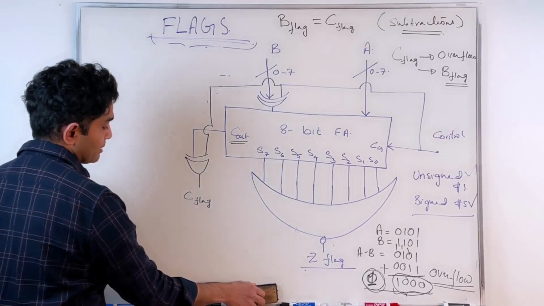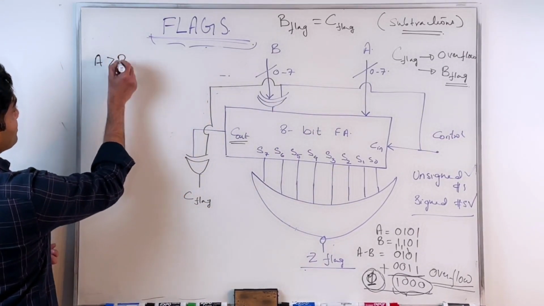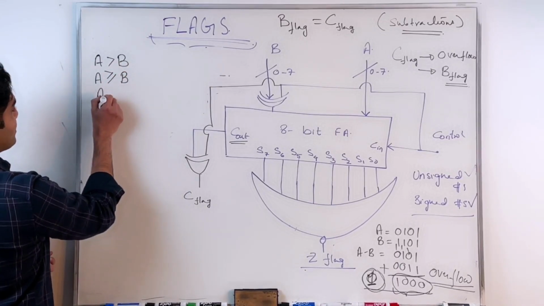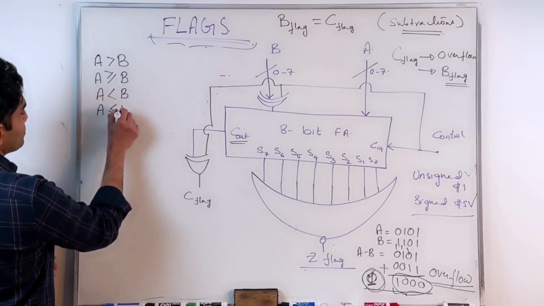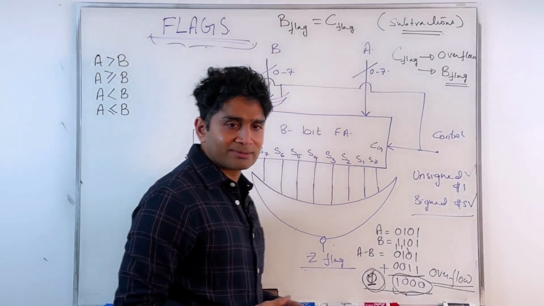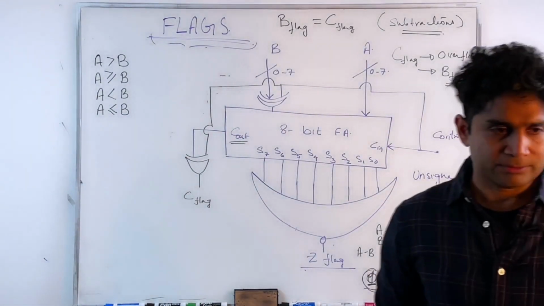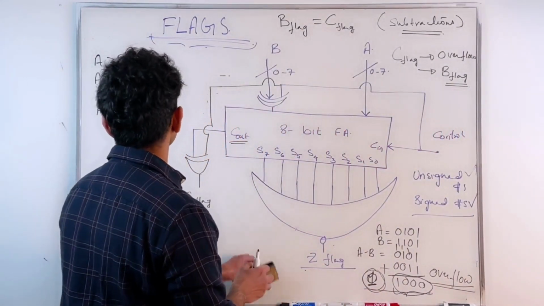Ultimately we need to check for A strictly larger than B, A larger than or equal to B, A less than B, A less than or equal to B. I need to check for these conditions. How do we check for those? Let's do that now. Okay, so let me write this table now.